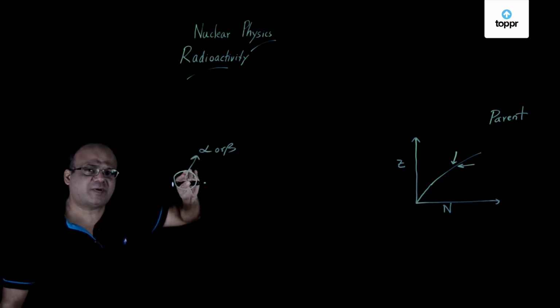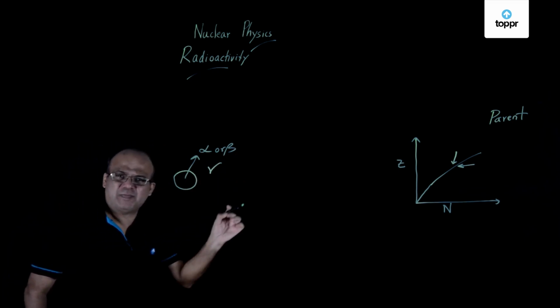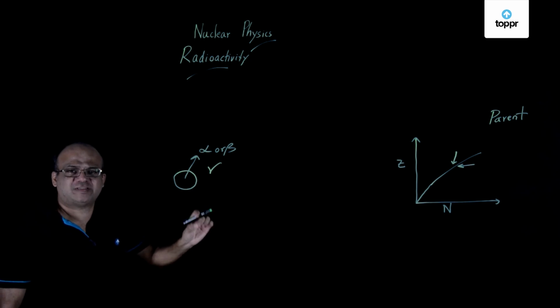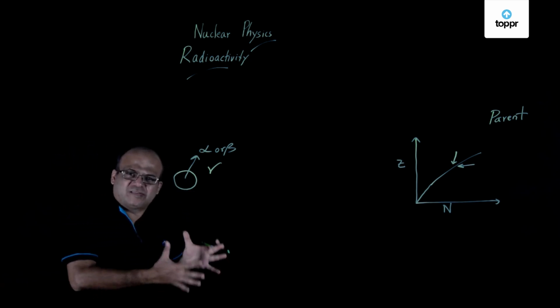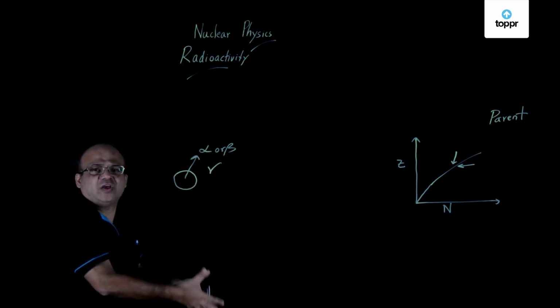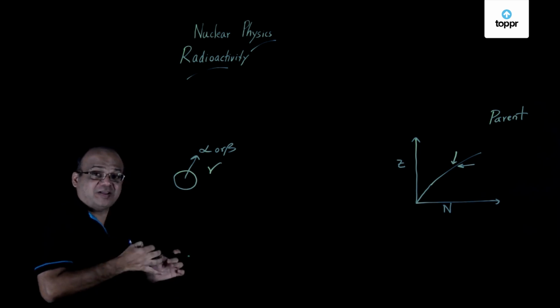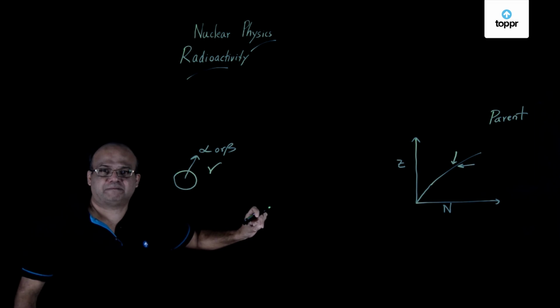Gamma rays are emitted with both alpha particles and beta particles. Now, some nuclides can decay either by alpha decay or by beta decay, but alpha and beta will not come out from the same nucleus at the same time.